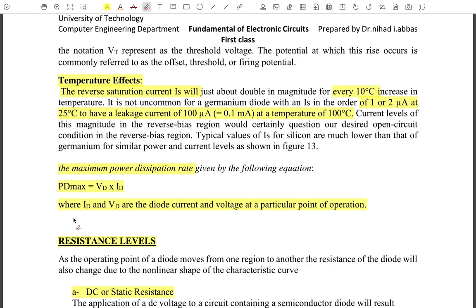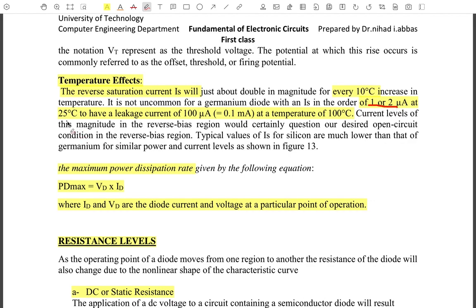The temperature will affect the diode and the work with the diode. How come? If we increase the temperature, for example, if the room temperature for the diode is 10 degrees, the current will be so small, 1 to 2 microampere.